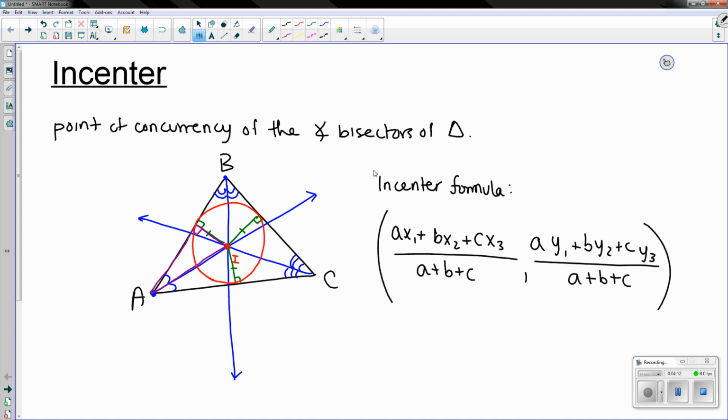The incenter is a point itself, so it's going to be an x, y coordinate. How you get the x coordinate is highlighted in this first section of our coordinate that's modeled by this formula. So what does all this stuff mean?